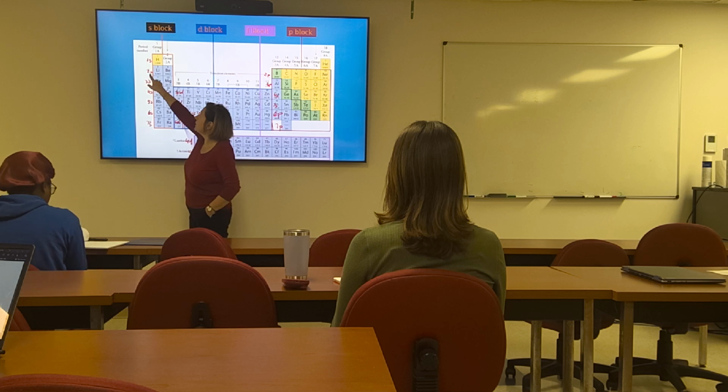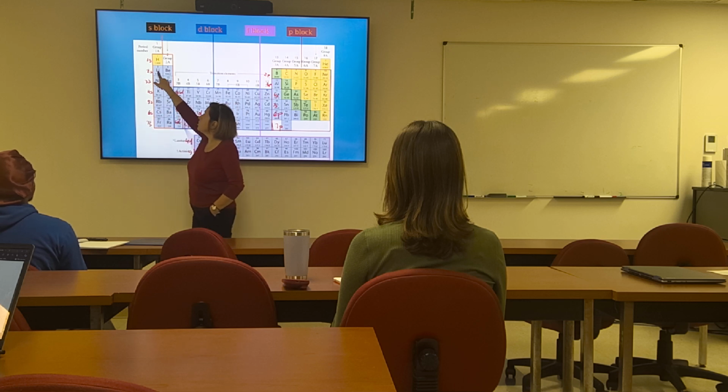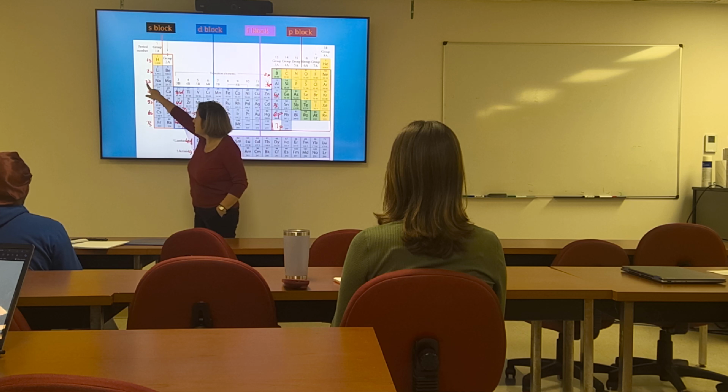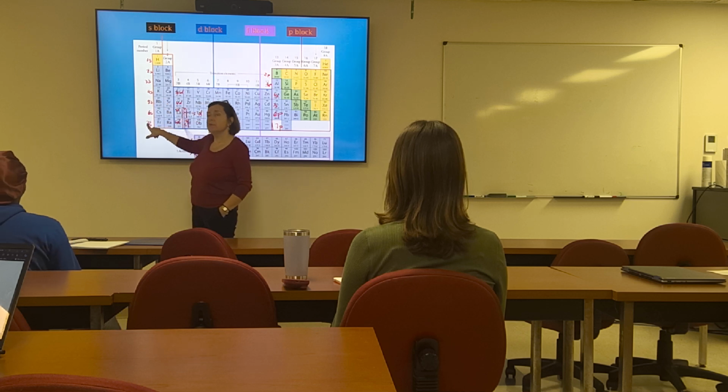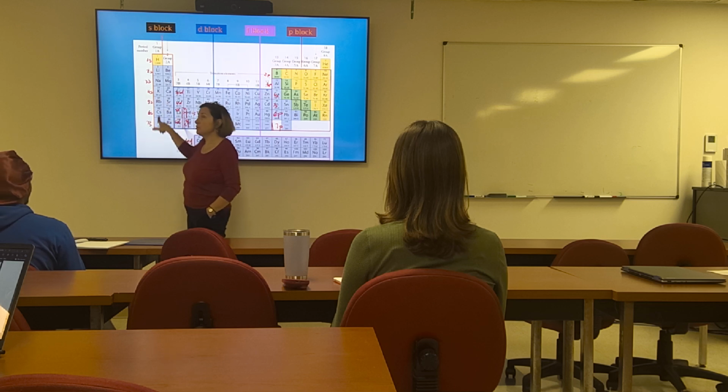For lithium, you add 2s1. For sodium, you add 3s1. Potassium is 4s1, then 5s1. So all the valence electrons for elements in a group have the same configuration. They are in the same orbitals. The only thing that's different is basically the principal quantum number, but everything else will be the same.